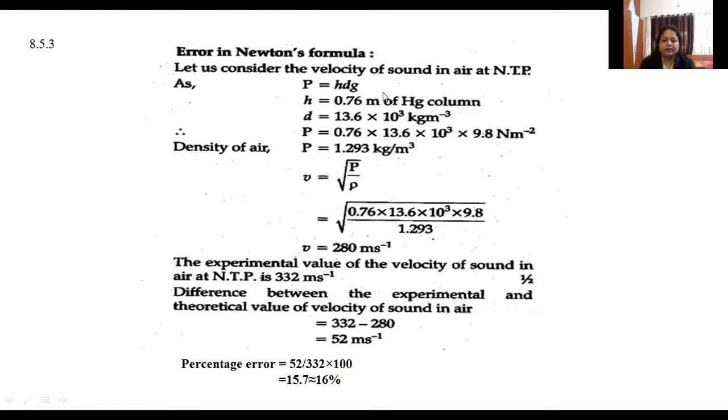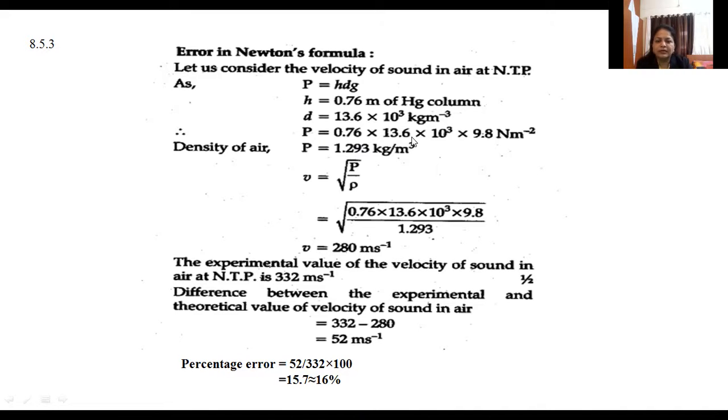Then at the NTP condition, normal temperature and pressure, the atmospheric pressure is given by P is equal to hdg, and here the values are h equal to 0.76 m of mercury column, and d is the density of mercury, equal to 13.6 into 10^3 kg per meter cube.